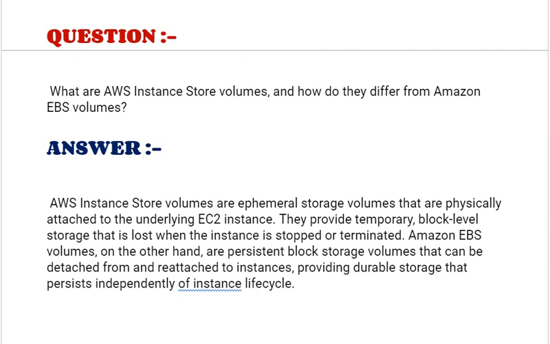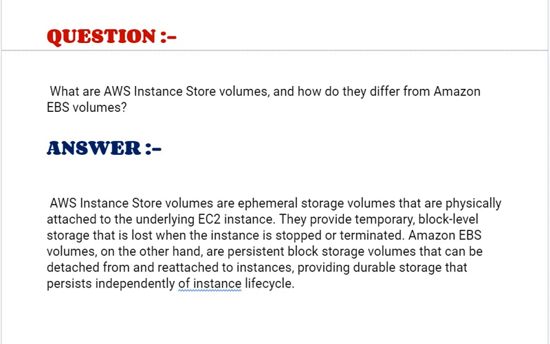Our next interview question is: what are AWS instance store volumes and how do they differ from Amazon EBS volumes? Your answer should be: AWS instance store volumes are ephemeral storage volumes that are physically attached to the underlying EC2 instance.